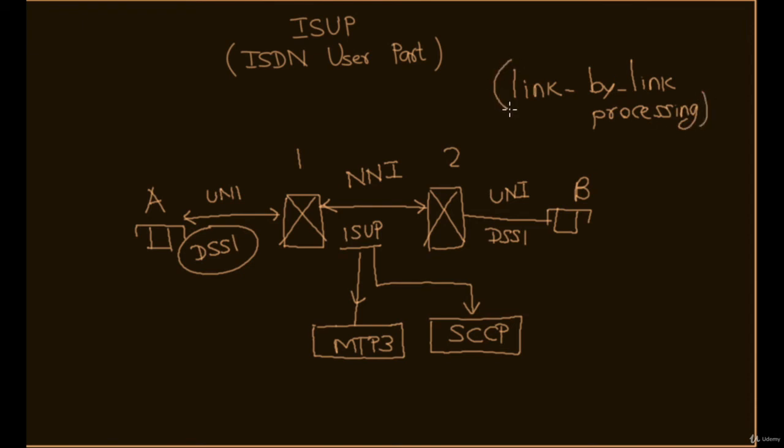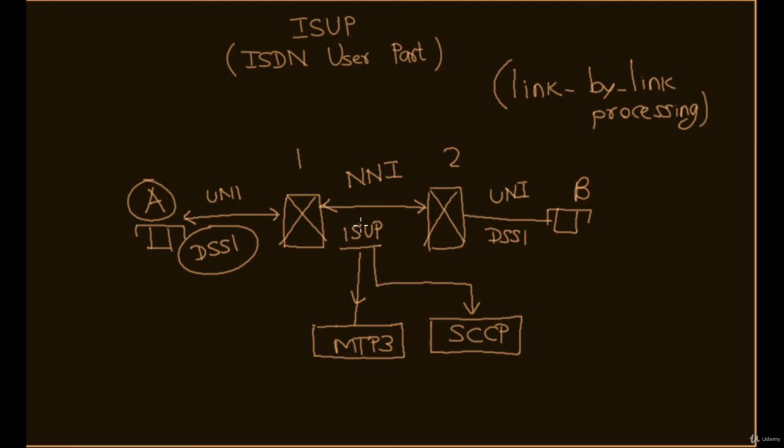Okay, so let's suppose A dials a number. That number will go in the DSS1 message to this exchange, and this exchange will create the ISUP message. That ISUP message will be addressed to the destination number. Now that destination number has to be analyzed at each and every hop, each and every exchange in between.